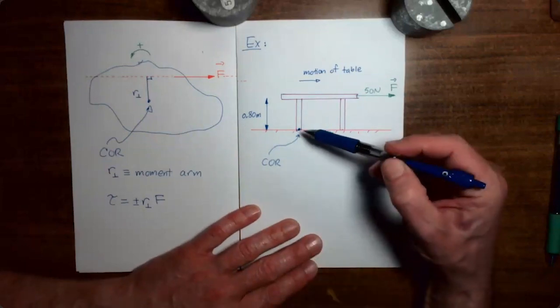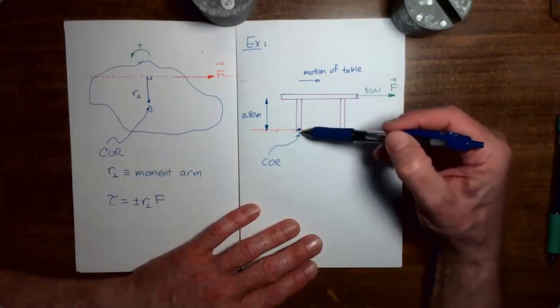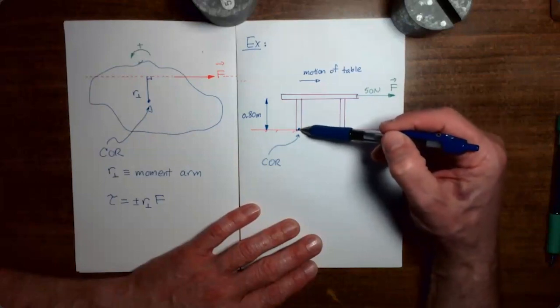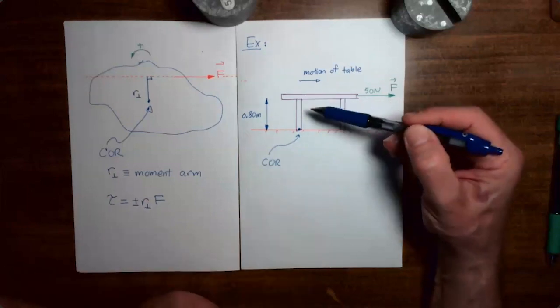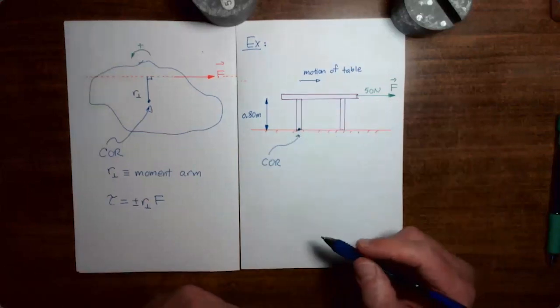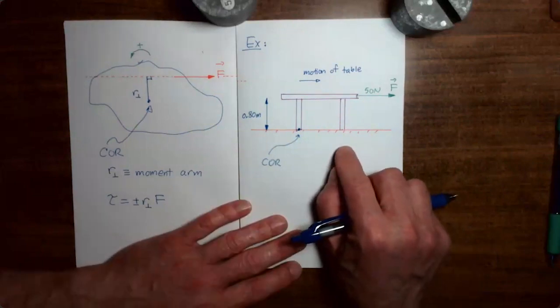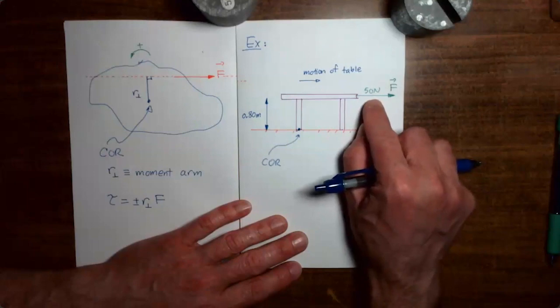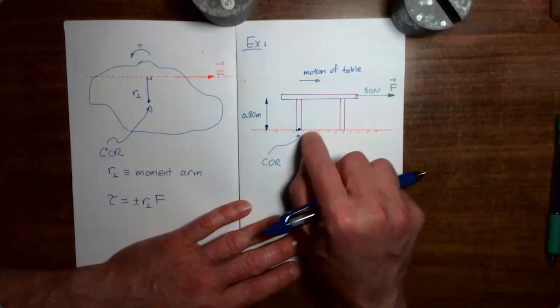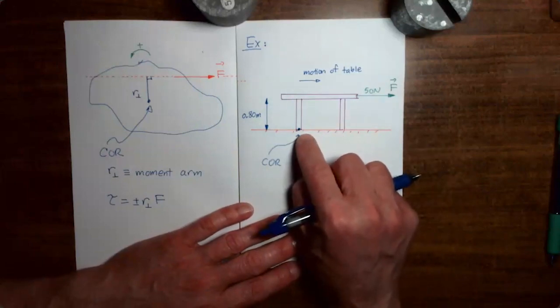And we're also going to say that the vertical distance from the center of rotation down here at the floor up to where we have the actual surface of the table is 0.8 meters. So for this situation, what is the torque that the 50 Newton force exerts on the table with respect to the center of rotation down here?